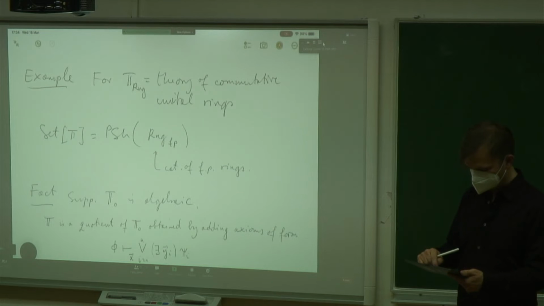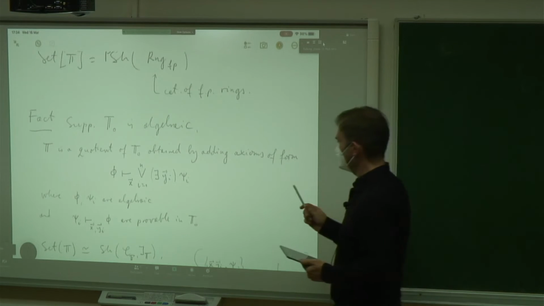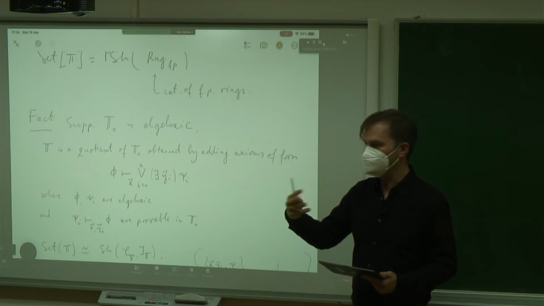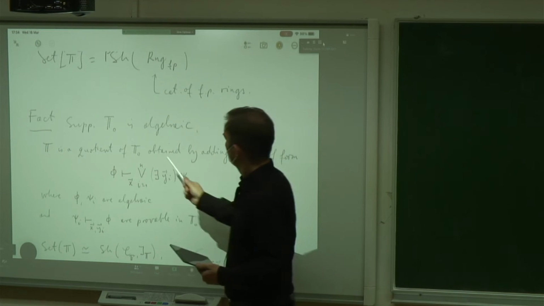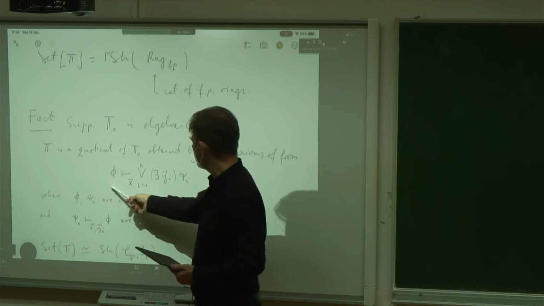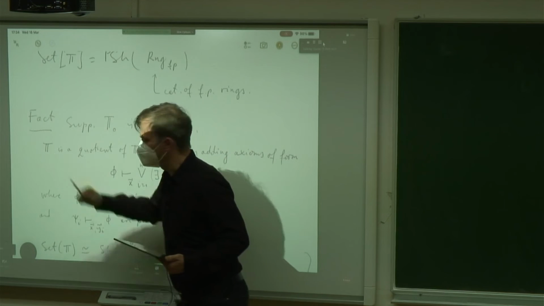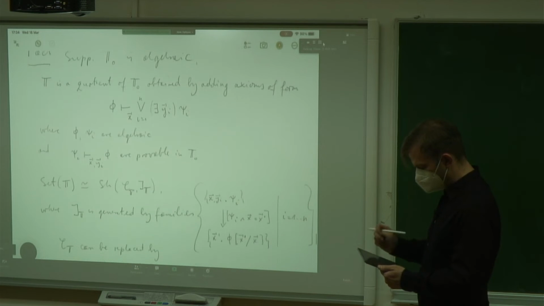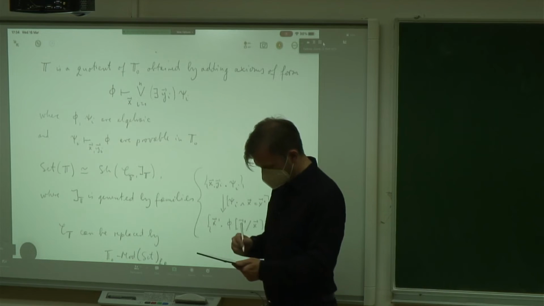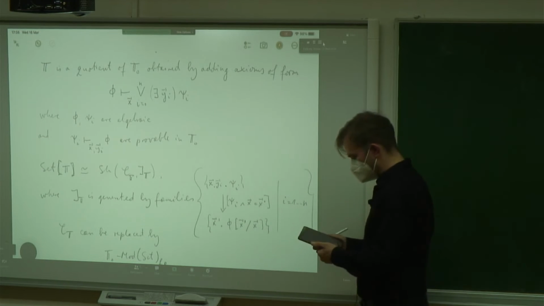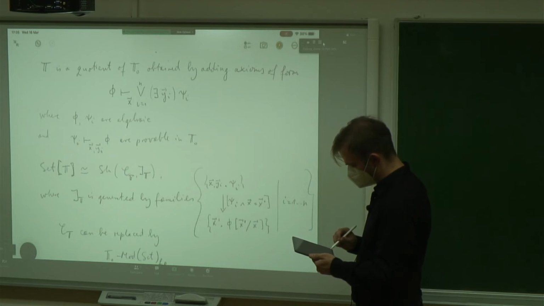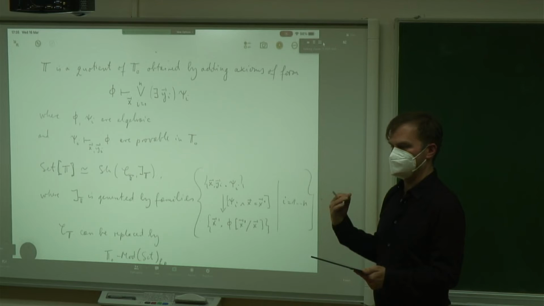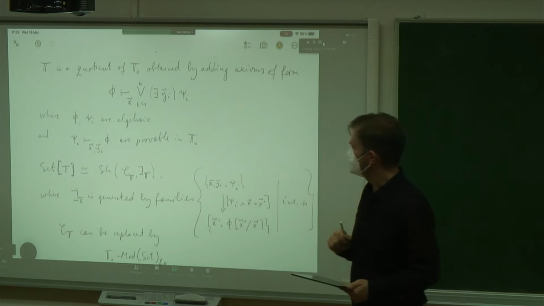So let me list another fact which describes a situation where you start with T0, an algebraic theory, and then you add a couple of coherent axioms of this type to obtain the new theory called T. And then the claim is that the classifying topos, this should be, I think, angle brackets, is the category of sheaves as before, but the syntactic topology can be described relatively explicitly using the shape of these axioms.